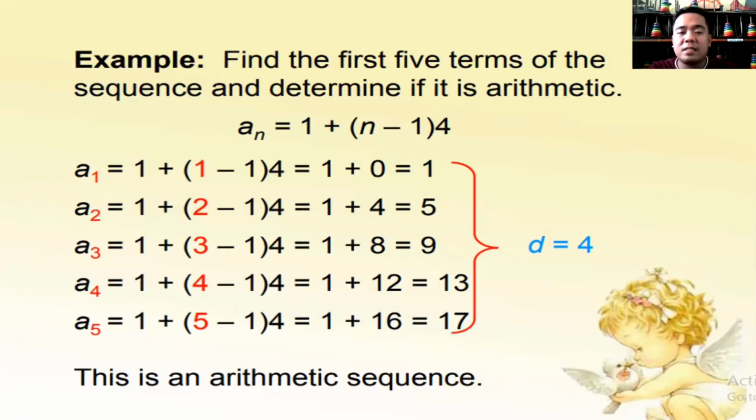So that is an arithmetic sequence. Okay, I hope that is very clear. We can say that it is an arithmetic sequence because there is a constant number being added to a term to get the succeeding terms. So the example is an arithmetic sequence.